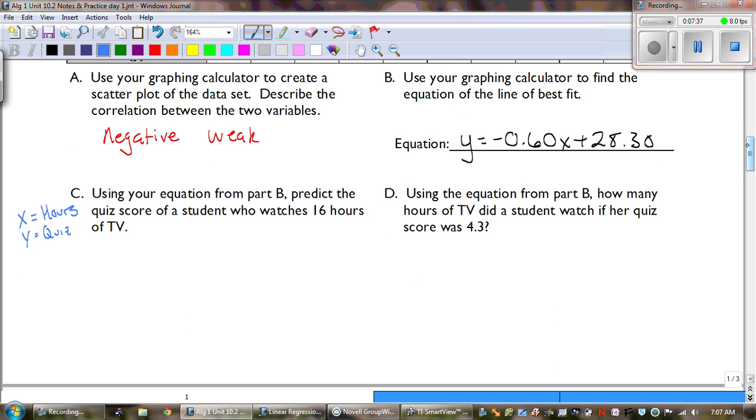So this is telling us that X is 16 and we have to find Y. So we're going to use our equation that we just found, the negative 0.60. We're going to plug in for X and we're going to add 28.30. Okay, so plug in 16 and solve.